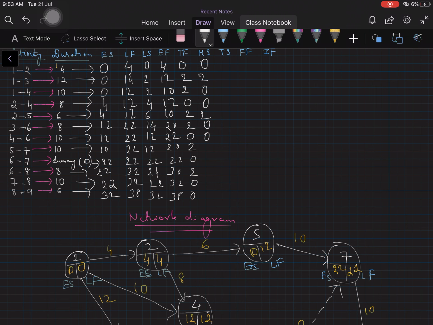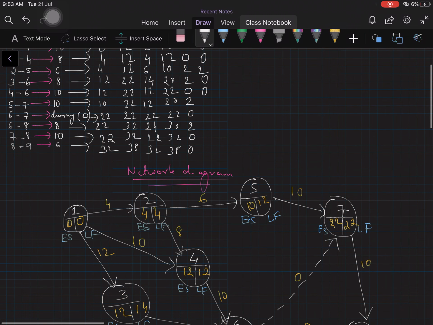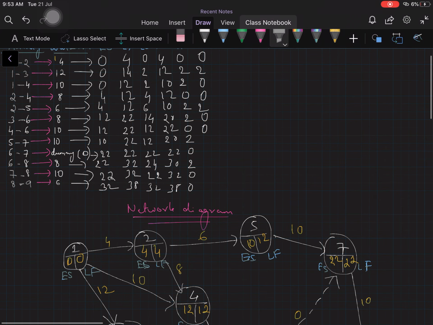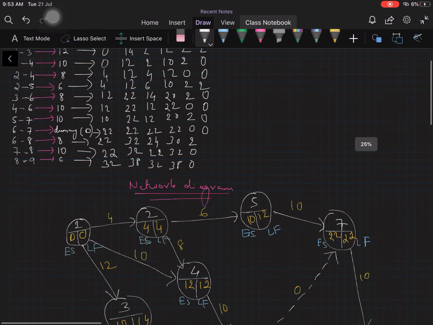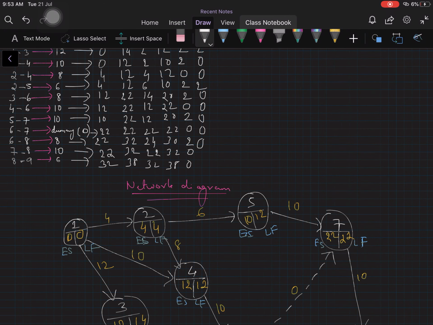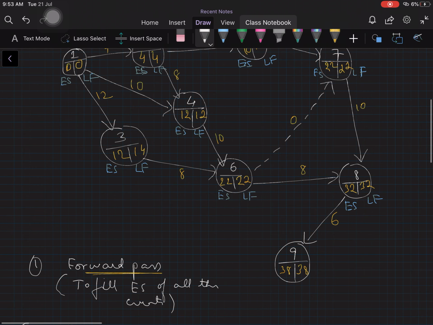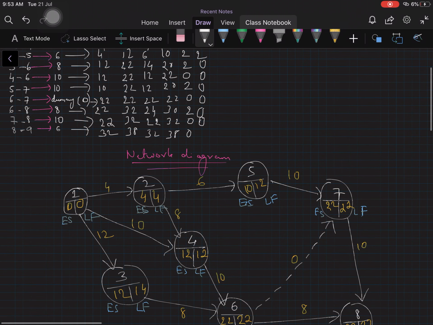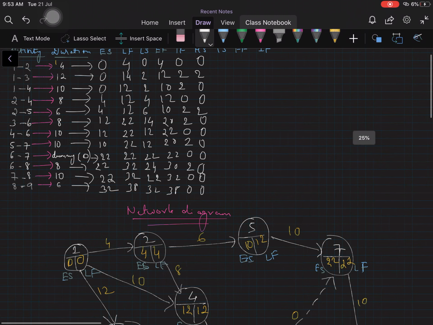Then again 6, so 0 itself. Then 7, a head event. Slack is 22 minus 22, so it's 0 again. The next also has 7, so again 0. 8 slack is 32 minus 32, that gives us 0. Then again 32 minus 32, that is 0, because 8 and 8. Then finally we have 9. 9 is 38 minus 38, which also gives us 0.